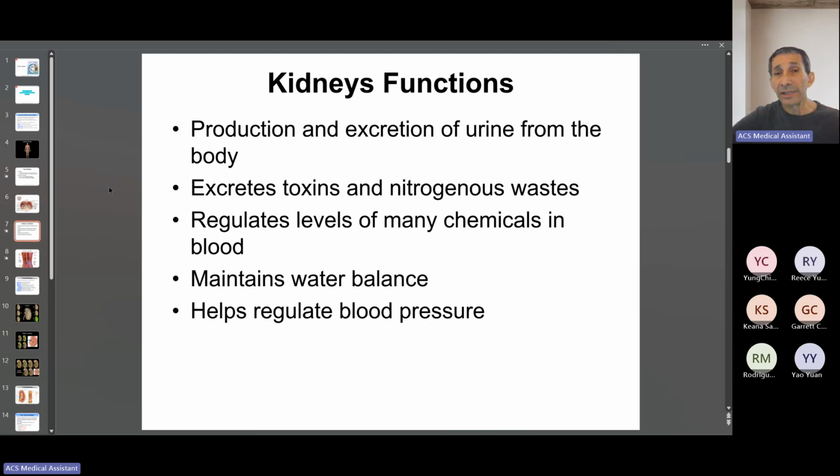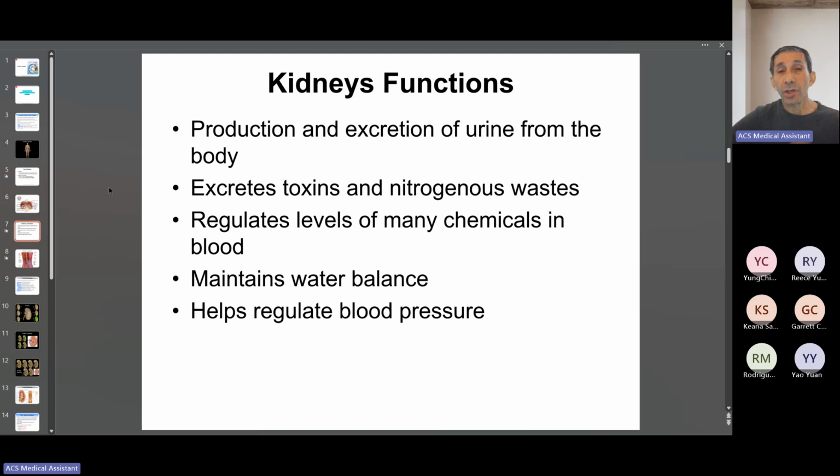Well, urine is formed from the blood. So all this excess of whatever is in the blood, for instance toxins, nitrogen, other chemicals, whatever the body doesn't need or has too much of, including fluids, we are going to remove through the kidneys.